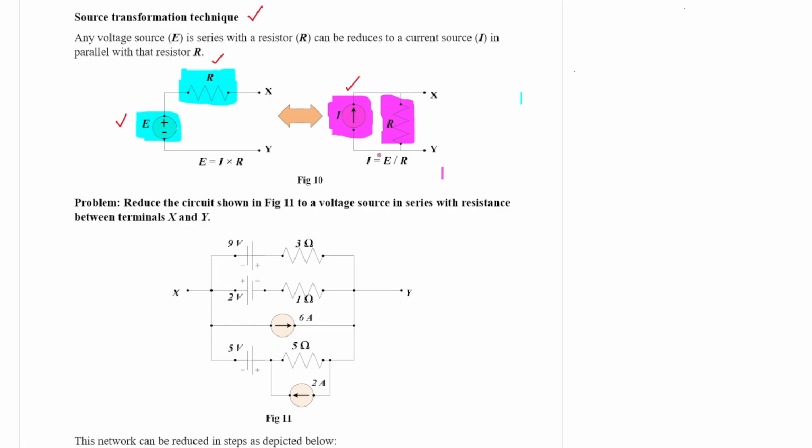So this is the value of I, it should be E by R. And what should be the value of voltage source? It should be I into R.